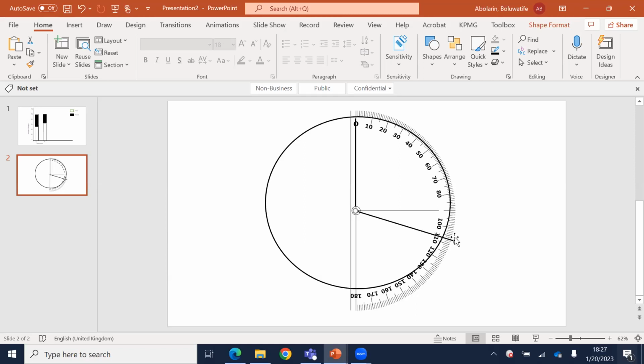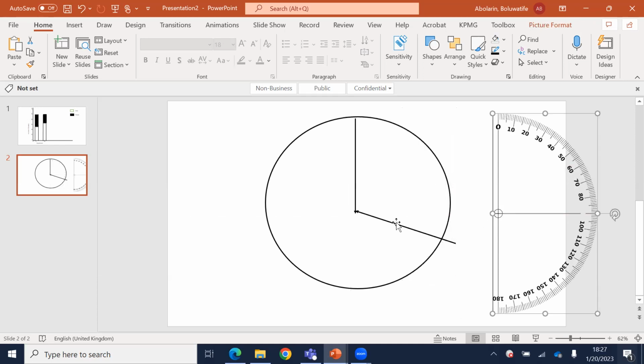So this one in the middle is 105. This is 106. This is 107. So this is 108. This is what? The next one is 109, and the next one is 110. Can you see it? So that's how you are going to place your protractor. Just make sure, let's remove it now.